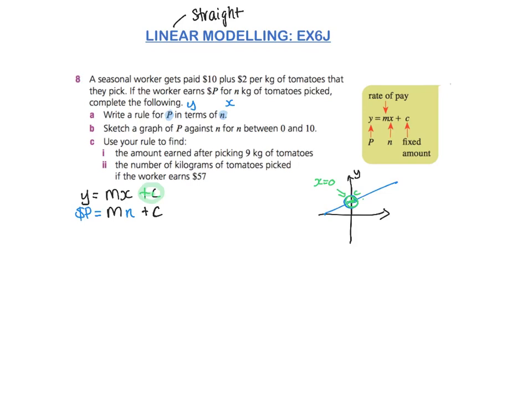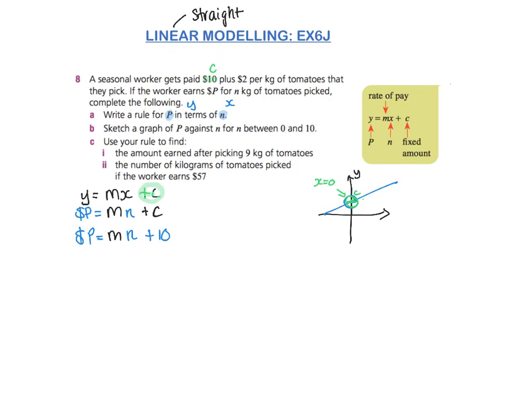So when you're reading the question, what do they get paid before they pick anything? With 0 tomatoes, they still get a certain amount. It's $10. So you can see that $10 is like the C. So you can pop that in there, so the price equals the gradient times N, plus $10.